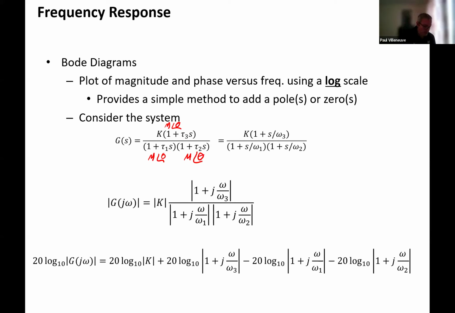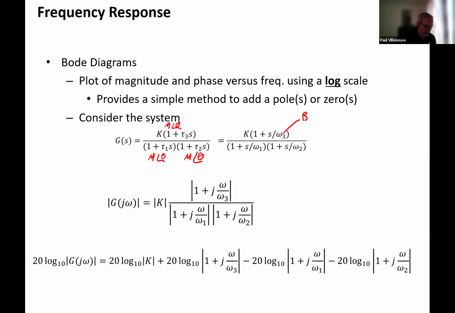Which I'm going to do by recognizing that I'm substituting in my j omega for frequency. But as I mentioned before, I'm not going to have s plus tau or whatever. I'm actually going to have that value over here. And then I'm going to rewrite that so that I have 1 plus s over omega.